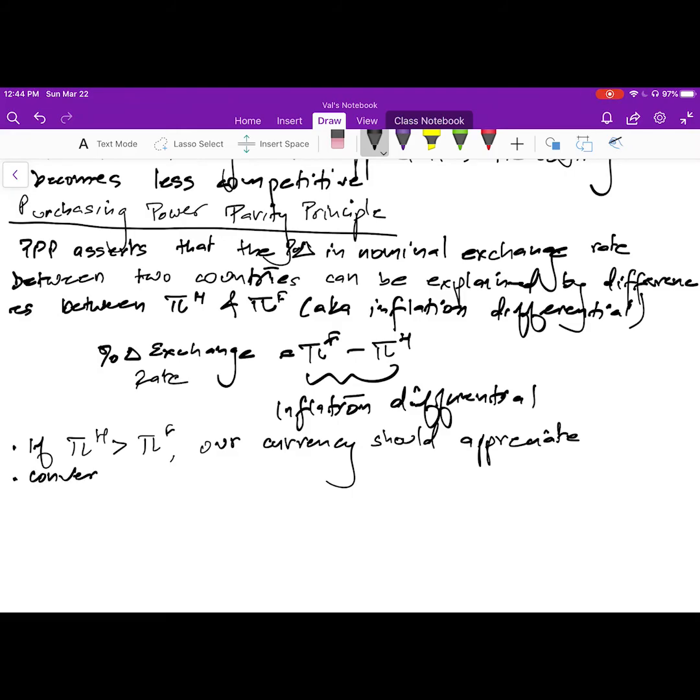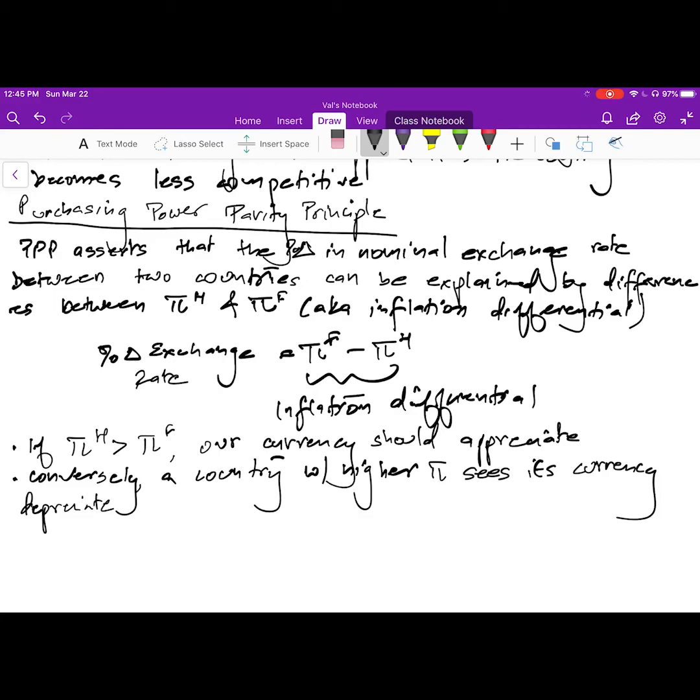Conversely, a country with higher inflation sees its exchange rate depreciate.